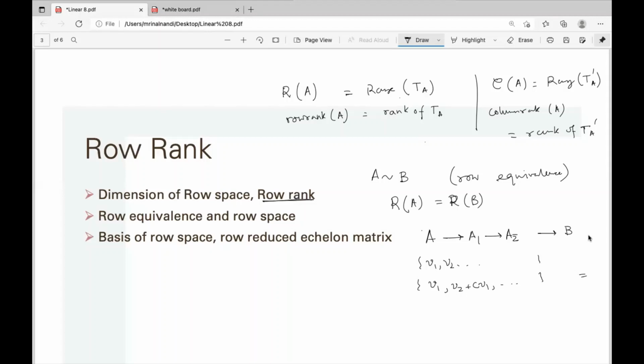The ordered basis is not unique, the basis is not unique. But can we impose some extra condition on the ordered basis such that it will be unique for every subspace?